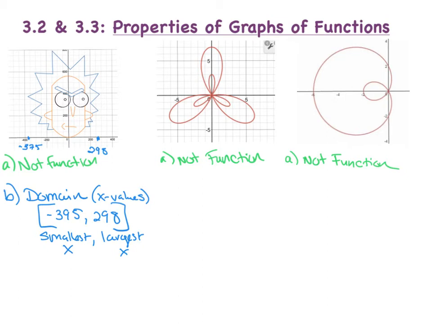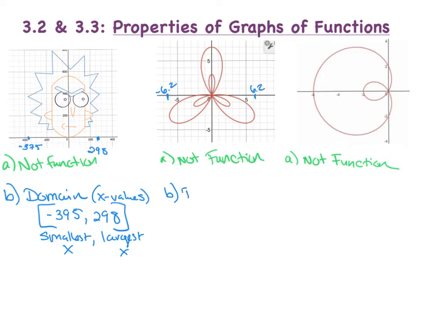So my domain is all the x's, an infinite number of x's, between negative 395 up to 298. Now in a second we're going to talk about the range, but before that, I want to do the domain for the middle one. So for the sake of simplicity, let's say this is negative 6.2. And let's say this over here is positive 6.2.